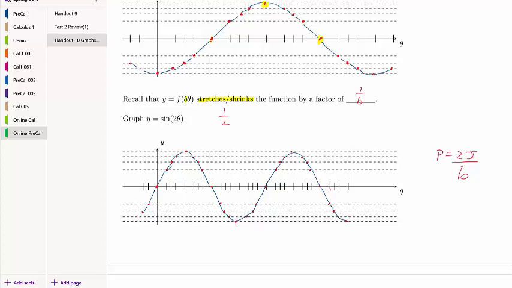In general, the format for a sine function is going to look like this: y equals some big A times sine of b times theta minus h, whatever our horizontal shift is. It's typically called a phase shift when we're talking about trig functions.